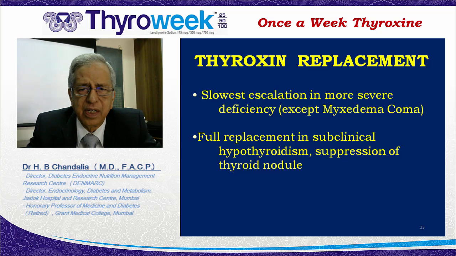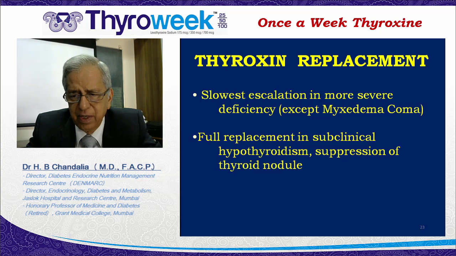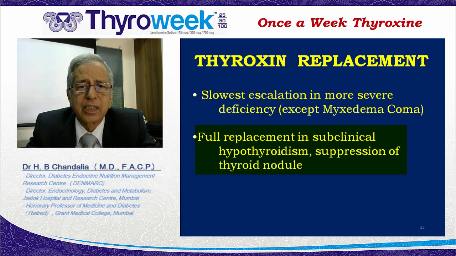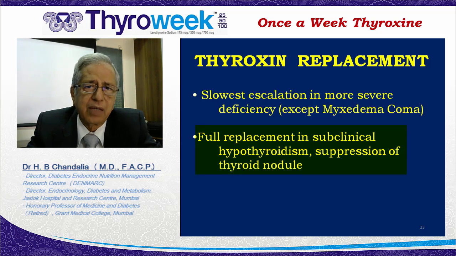Very rarely, where the patient has subclinical hypothyroidism, for example, or where you are giving thyroxine for suppression of a thyroid nodule, you can straight away go for the full suppression dose because these patients really have almost normal levels of T3, T4, and therefore suddenly exhibiting the full doses of thyroxine is not going to upset their physiology to any great extent. So, for example, in subclinical hypothyroidism and suppression of a thyroid nodule, you can start with full dose right away.